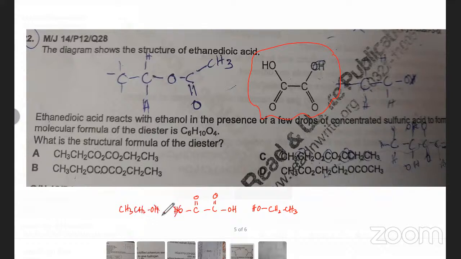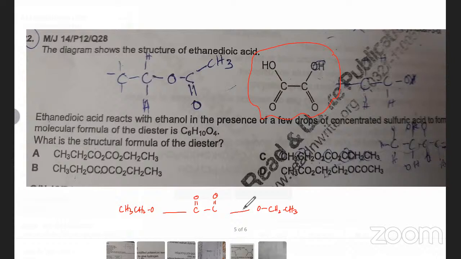The OH from the carboxylic acid and the H from the alcohol will be lost, and they would form an ester. So I'm going to remove this. The OH is lost and the H is lost, and I'm going to connect them together. And that's the ester that's going to be produced.